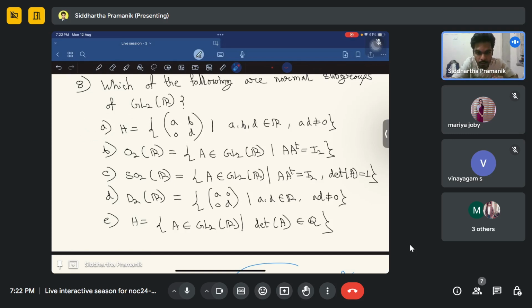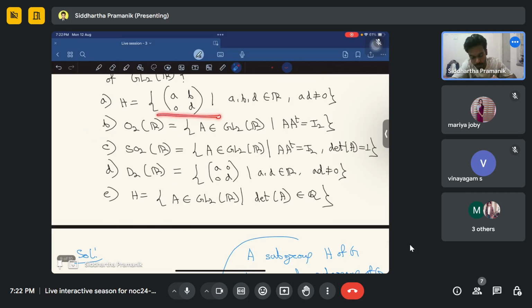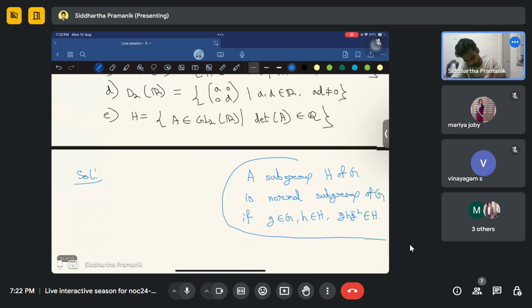So those facts you can borrow from linear algebra to prove it is a subgroup. So the question is, is it normal or not? So option A. The fact is, it will not be a normal subgroup.